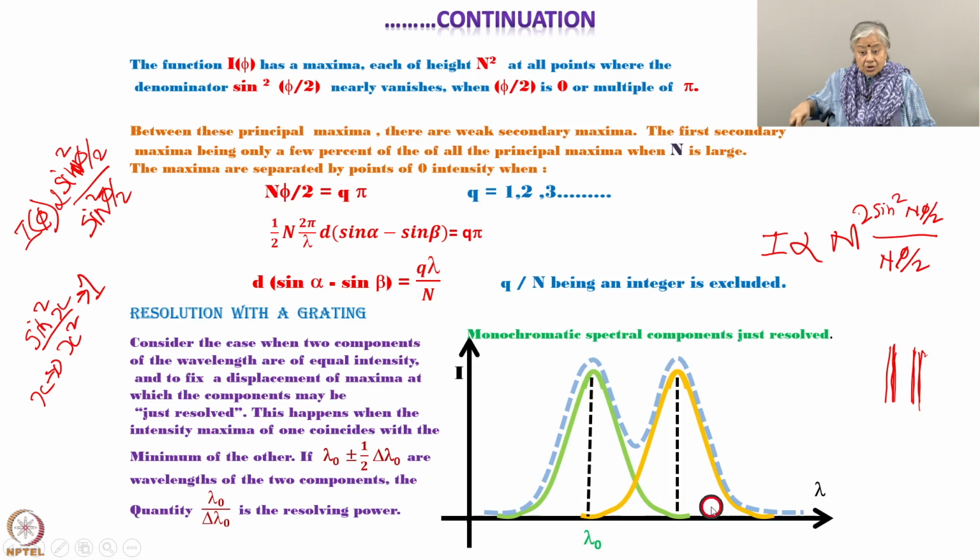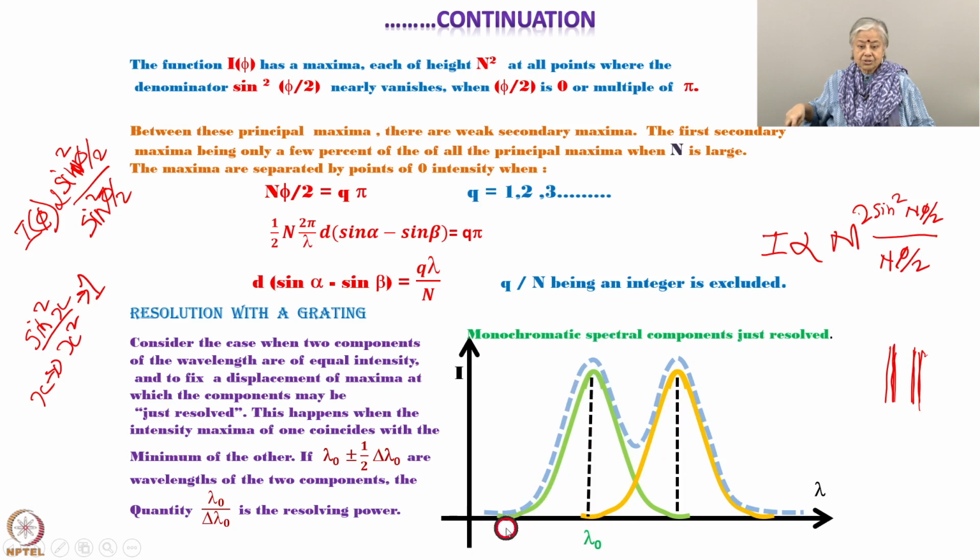Now, this one occurs at lambda 0 plus half of lambda 0, that means this distance, lambda is increasing in this direction. So, lambda 0 is the central part. At lambda 0 plus this half, the maximum of this coincides with the minimum of the next line.